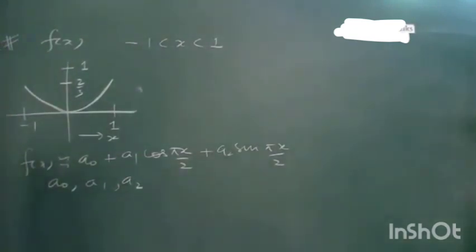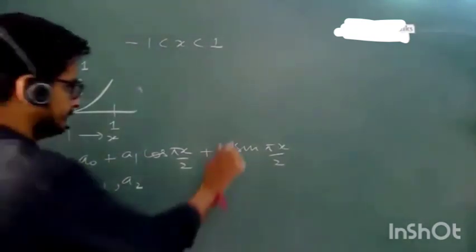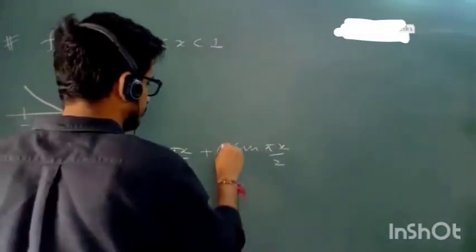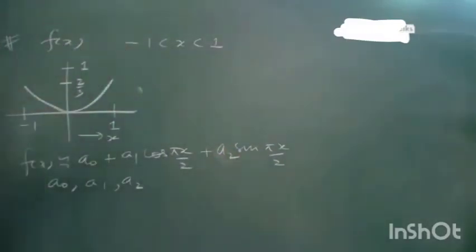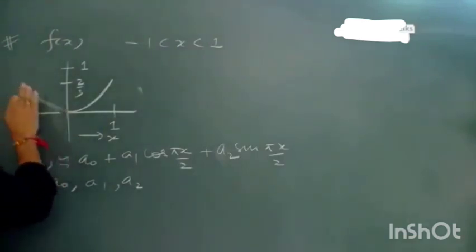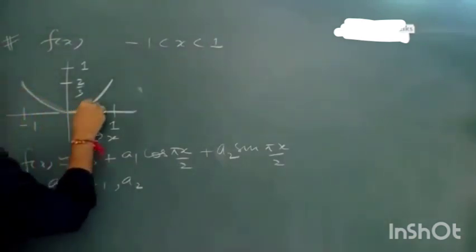Okay, so what type of question is this? Which topic is this question from, can anyone tell? You have to write the values of a0, a1 and a2. This is a question that is kind of parabolic like this.